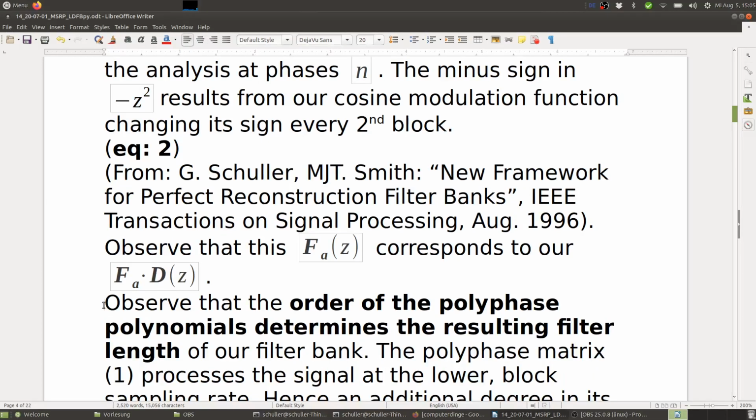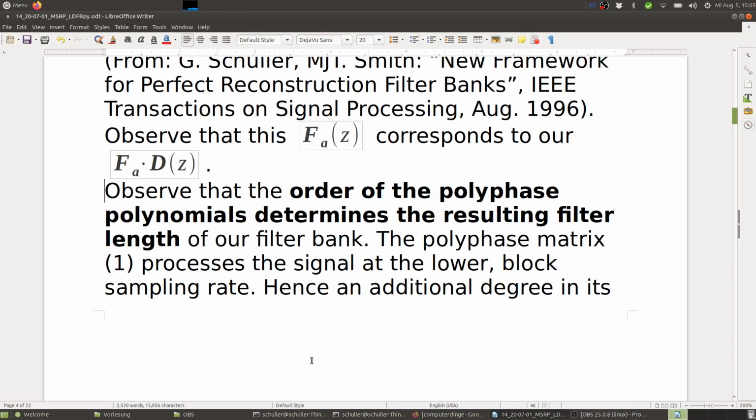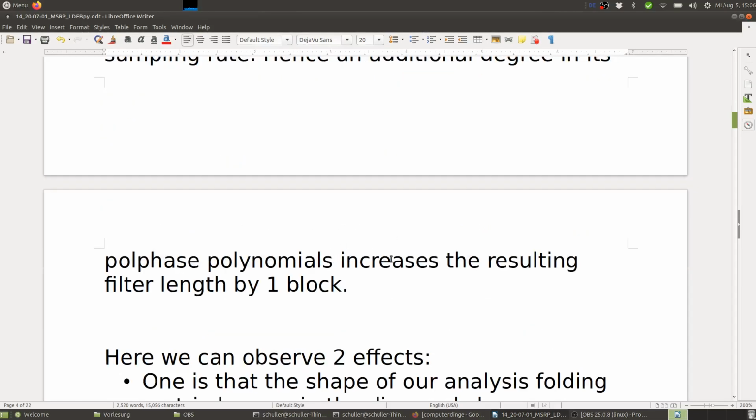Observe that the order of the polyphase polynomials determines the resulting filter length of our filter bank. The polyphase matrix of equation 1 processes the signal at the lower block sampling rate. Hence, an additional degree in its polyphase polynomials increases the resulting filter length by one block.